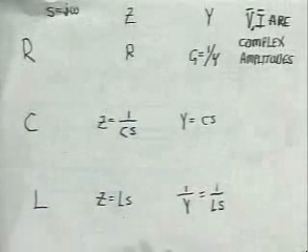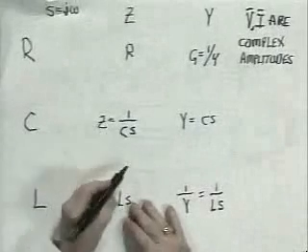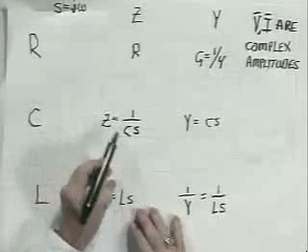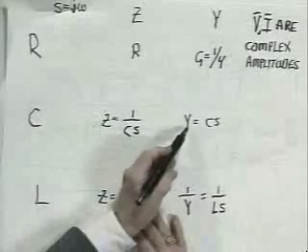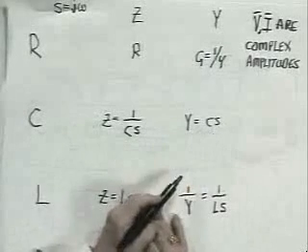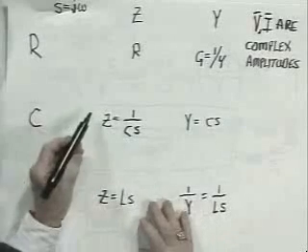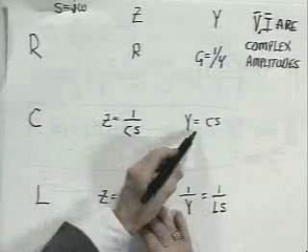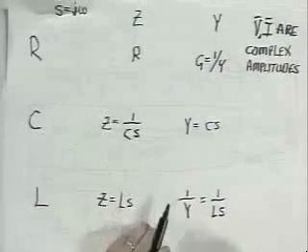If we look at the impedance of a capacitor, remembering s is j omega, what happens to this impedance as omega gets smaller and smaller, or equivalently what happens to the admittance as omega gets smaller? Well, the impedance obviously approaches infinity, and the admittance approaches 0, because this has omega in the numerator, this has omega in the denominator.